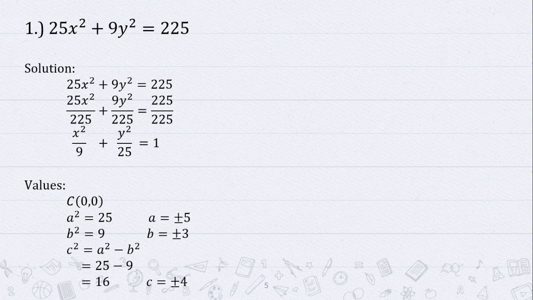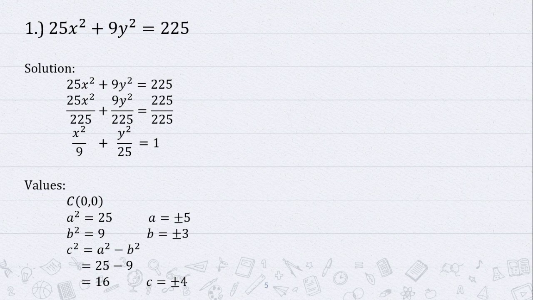Therefore, square root of 9 is positive or negative 3. While our c squared is equal to a squared minus b squared. Substituting the values, our a squared is 25 minus our b squared is 9. That will give us a value of 16. Therefore, our c squared is equal to 16, wherein our c is plus or minus 4.